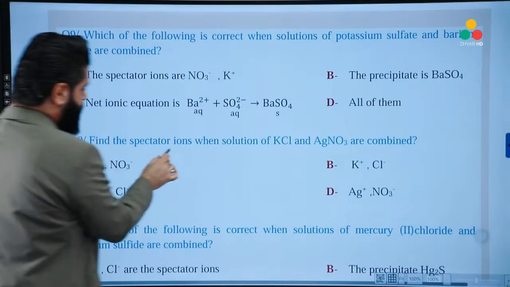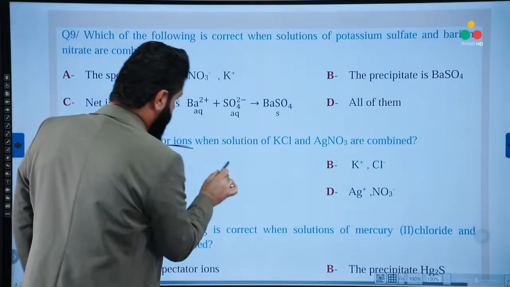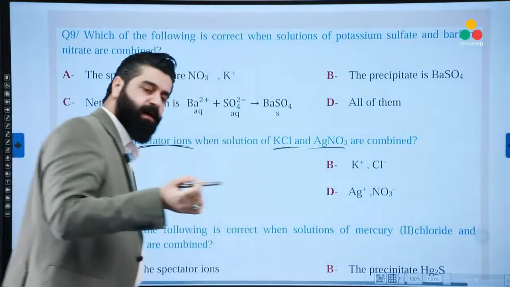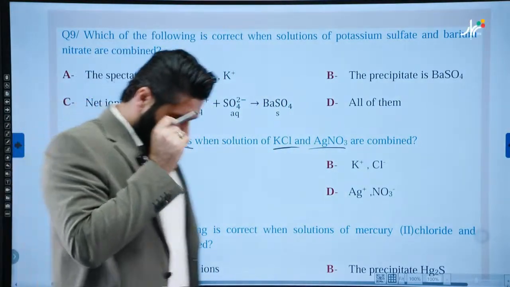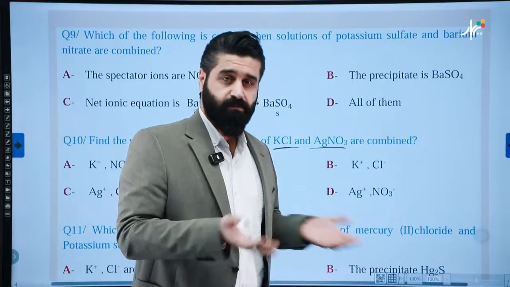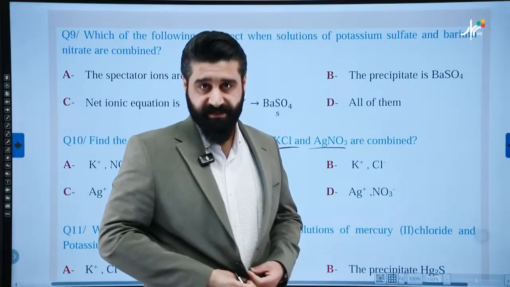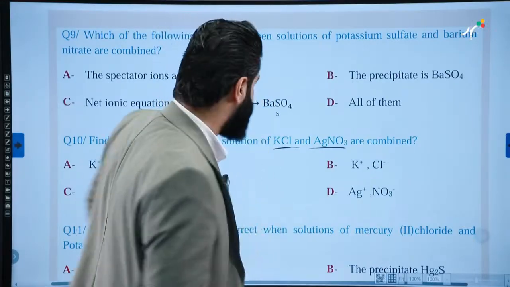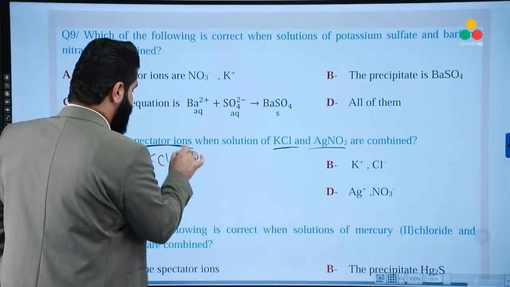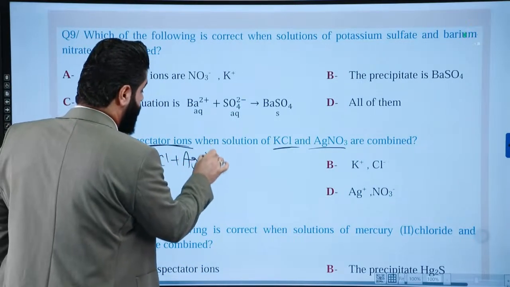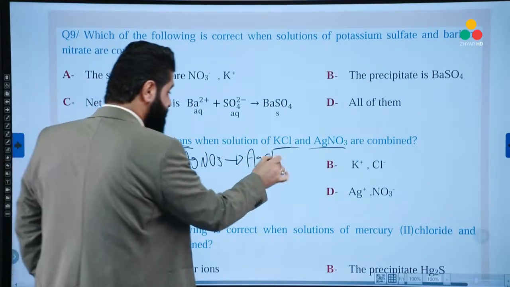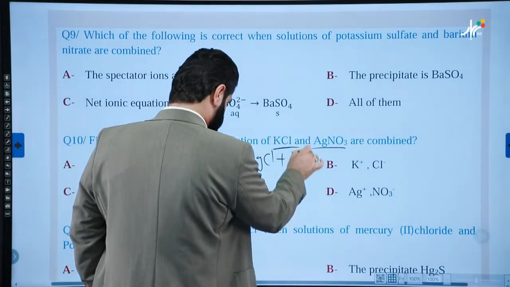Look, find the spectator ions when solutions of KCl and AgNO3 are combined. The spectator ions are the aqueous salt. It's really easy. The soluble salt, of course. KCl plus AgNO3 to form AgCl plus KNO3.